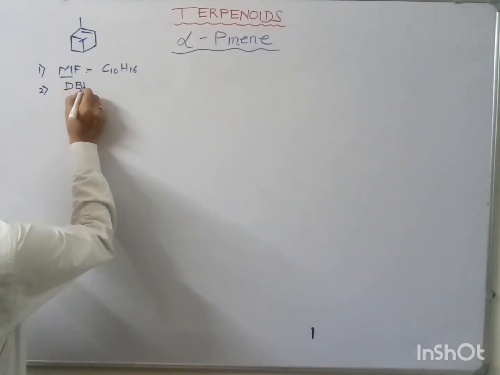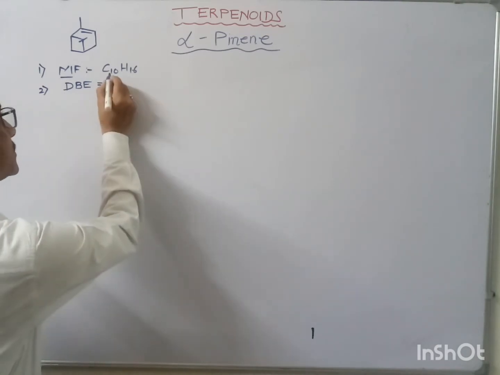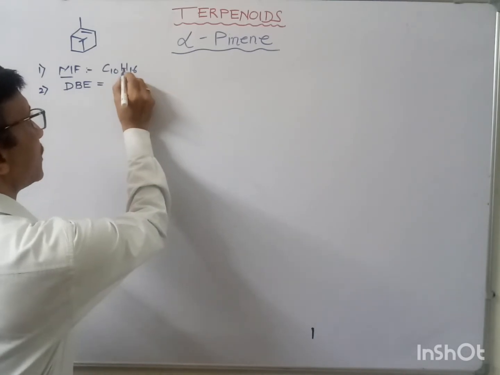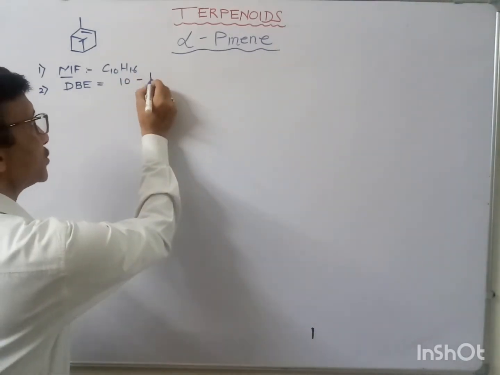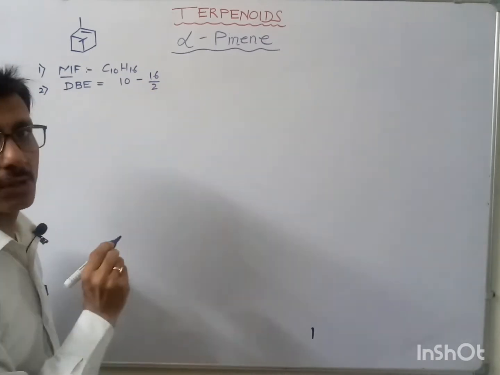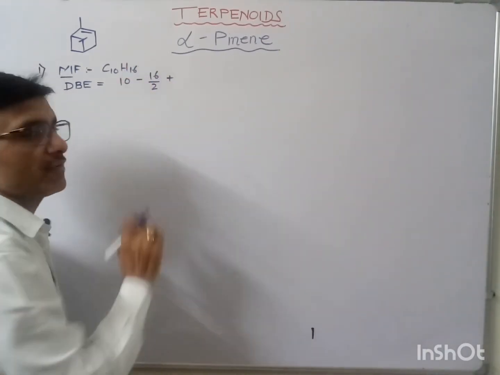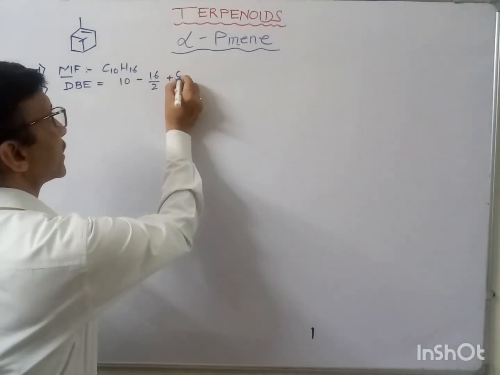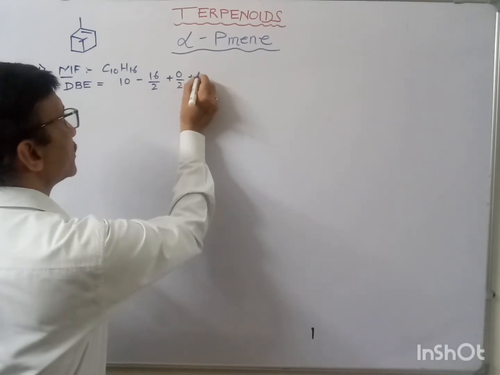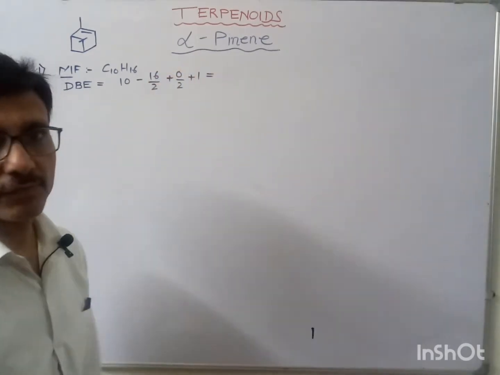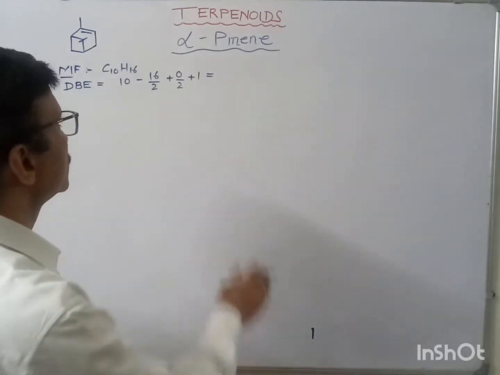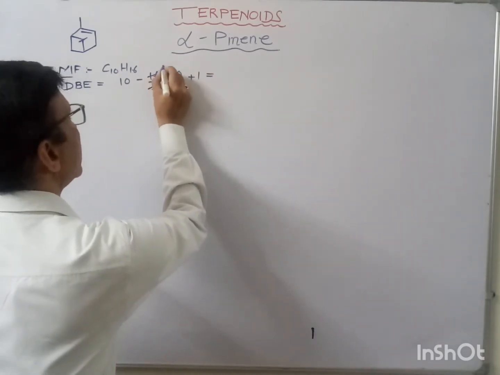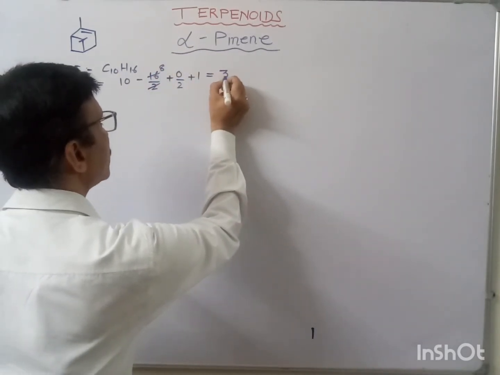The double bond equivalent is the number of carbon atoms, 10, minus the number of monovalent atoms, 16, divided by 2, plus the number of trivalent atoms divided by 2, and here the number of trivalent atoms is 0, so 0 by 2, plus 1. So this comes out to be 11 minus 8, that is 3.